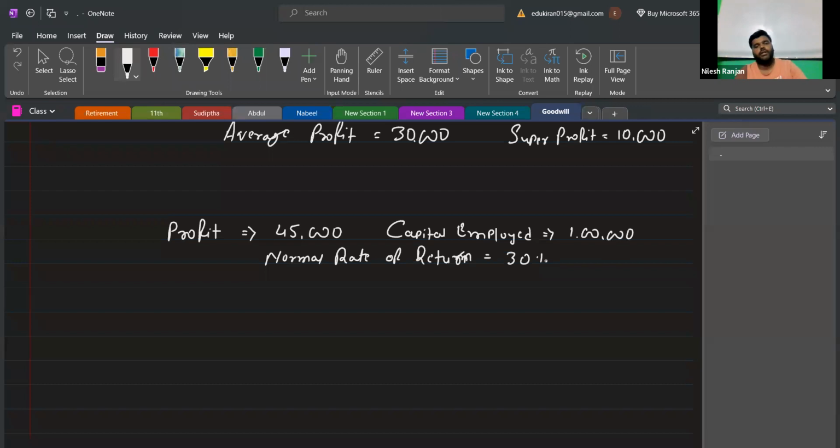Now, can you calculate the goodwill using the capitalization method formula? First calculate the goodwill from the super profit method using this information. Can you do this?